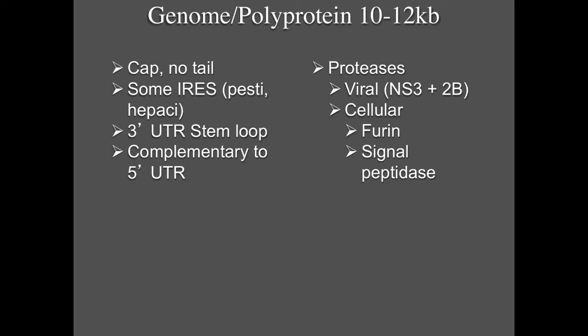So some of those enzymes are cellular. The ER resident signal peptidase cleaves largely the structural proteins of the genome, the capsid from the membrane from the envelope protein, and then the virus itself encodes a protease which is made up of the viral NS3 and NS2B proteins that largely cleaves the rest of the genome into the functional subunits.